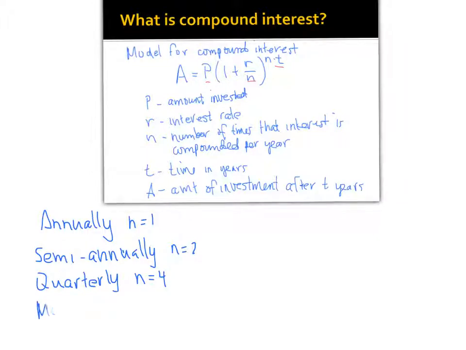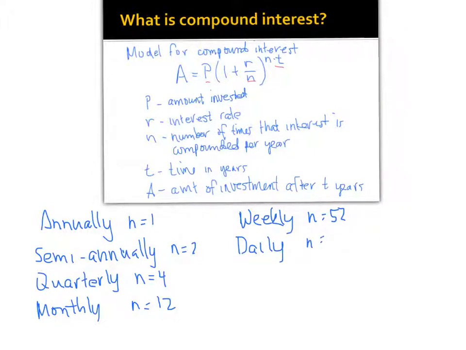And then the other ones I think are kind of self-explanatory. Monthly would be n equals 12. Weekly, n equals 52. And then daily would be, of course, we're going to say 365. I know we have leap year once in a while, but we're just going to keep it to 365 and let interest take a break.